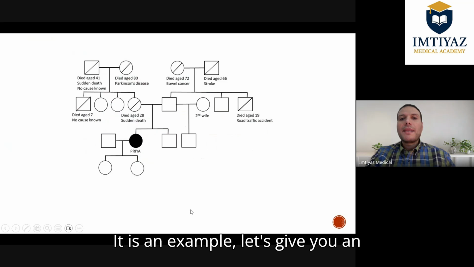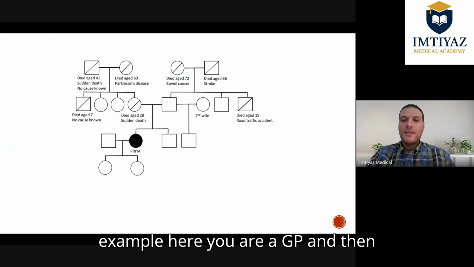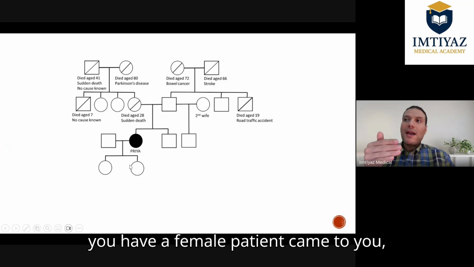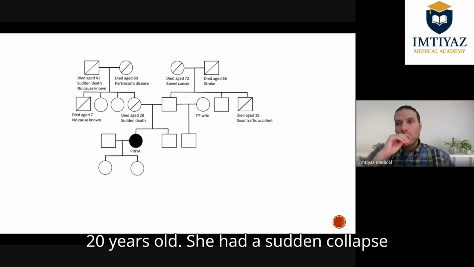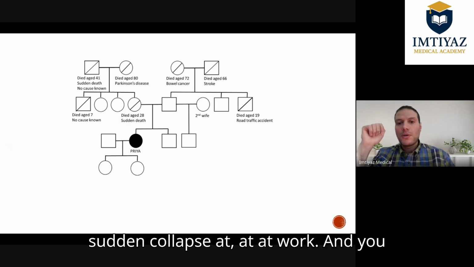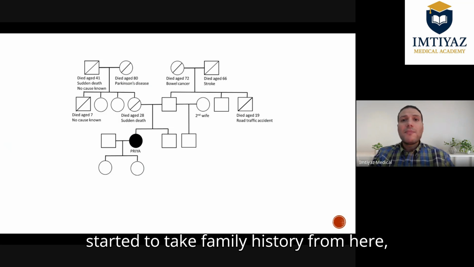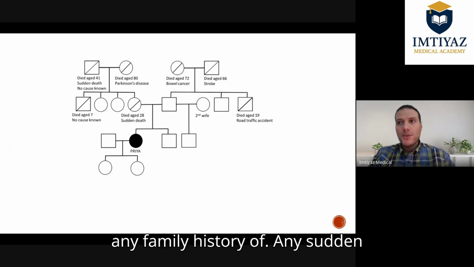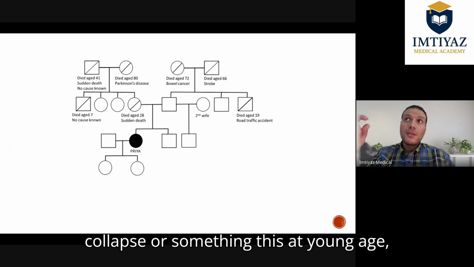Let's give you an example here. You are a GP, and a female patient, 20 years old, comes to you. She had a sudden collapse after activity or exercise, or a sudden collapse at work. You start to take a family history from her. Any family history of sudden collapse or sudden death at a young age?